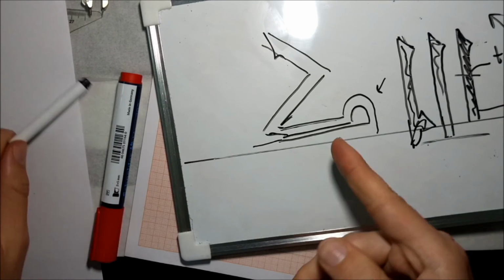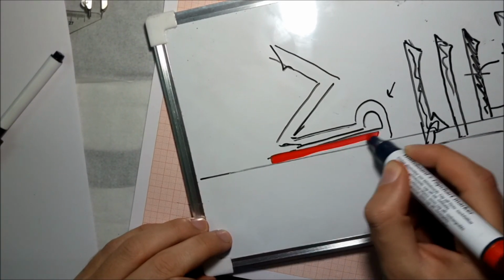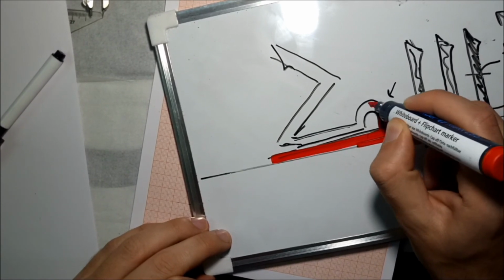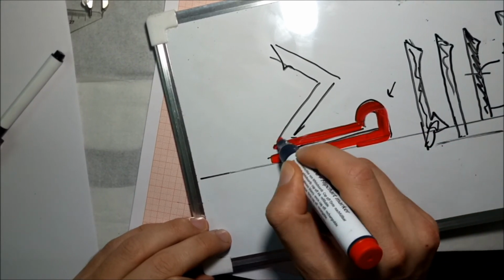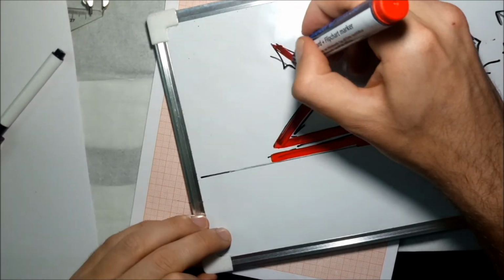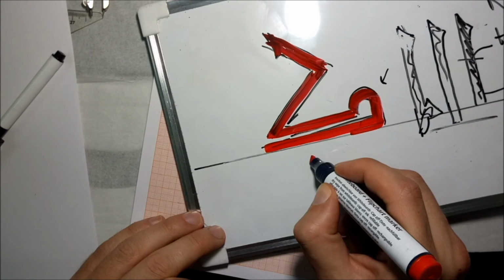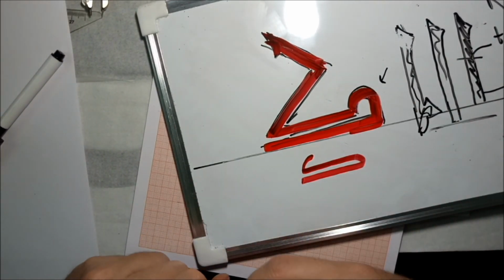So here, let's color it. This is rounded, and we've got this at an angle, and the last part of the kaf. So this is the letter kaf, a big one.